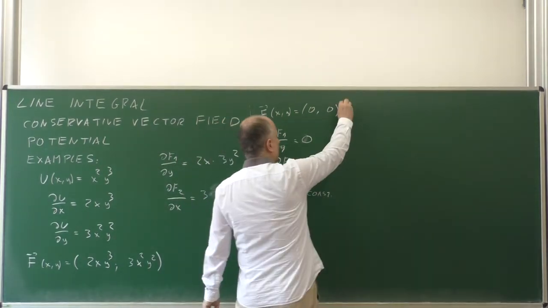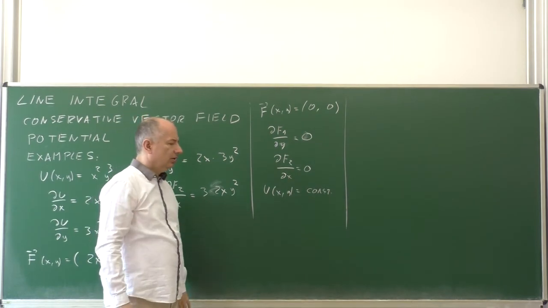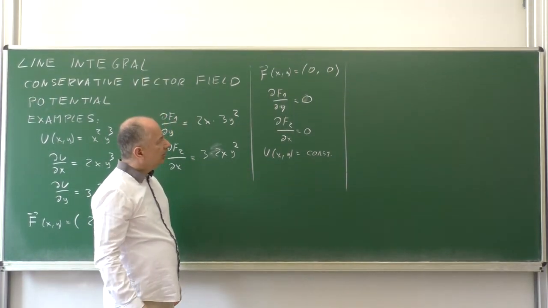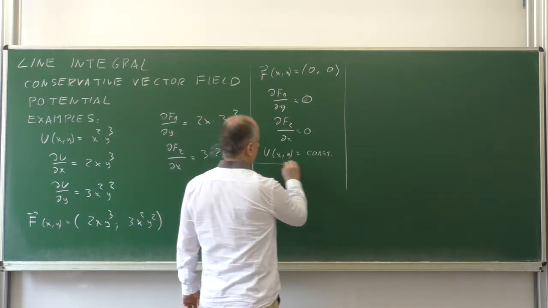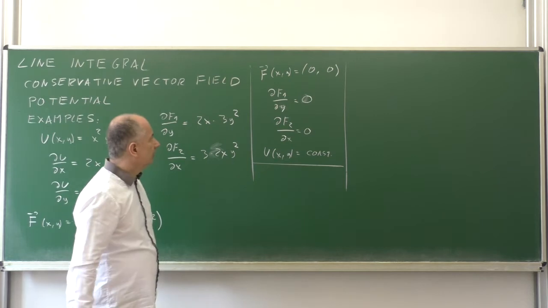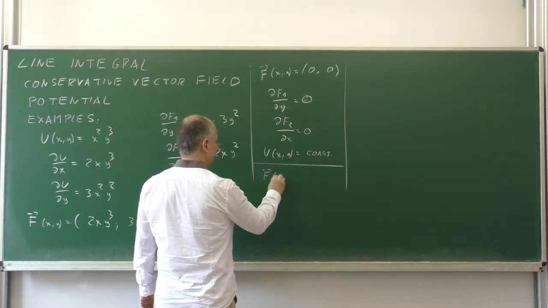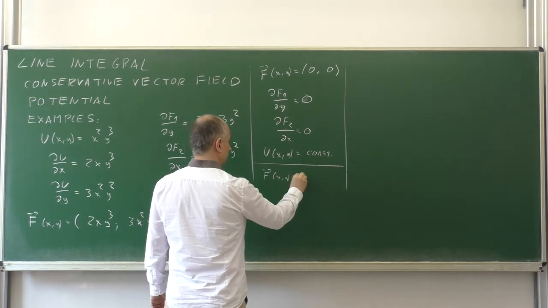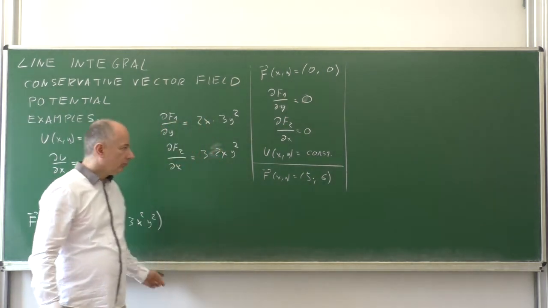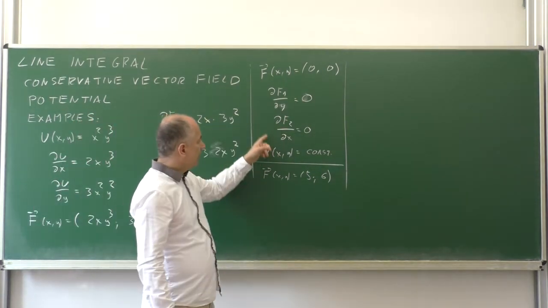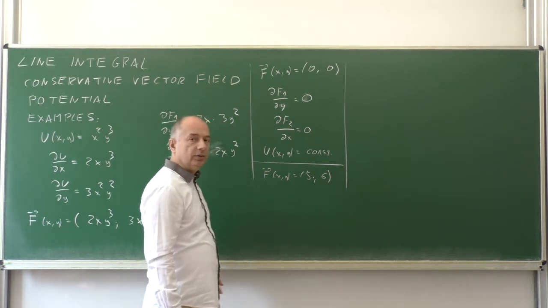Okay, and now perhaps we can find the next almost simplest vector field. What if the vector field is constant? Say 5, 6. Then the derivatives are still 0, so the test says yes, it should have a potential.